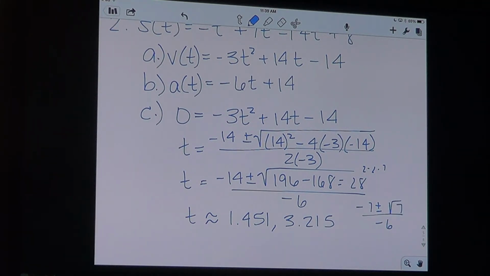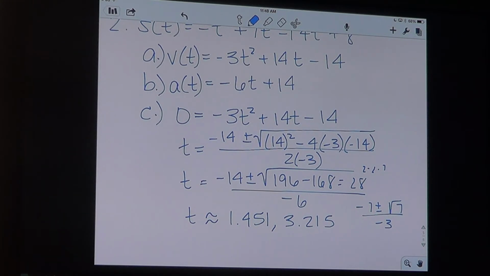So you did negative 7 minus the square root of 7 divided by negative 3? Oh right. Then you need to do negative 7 plus the square root of 7. Oh, okay. Did you get that, Sky?